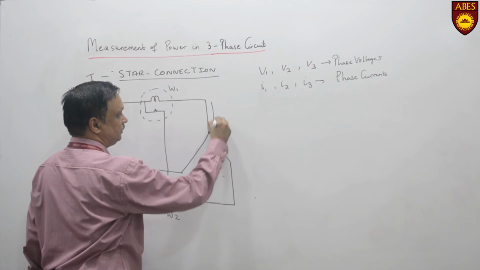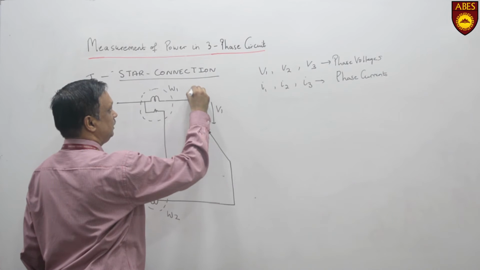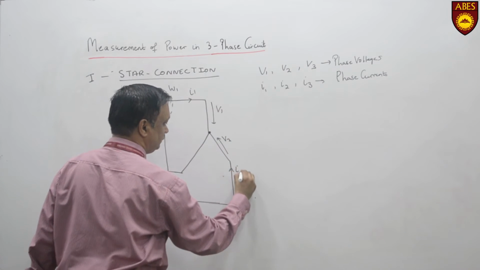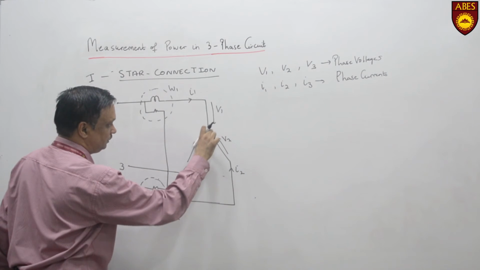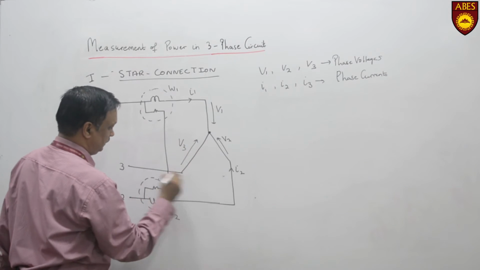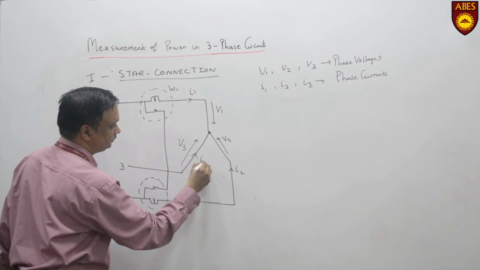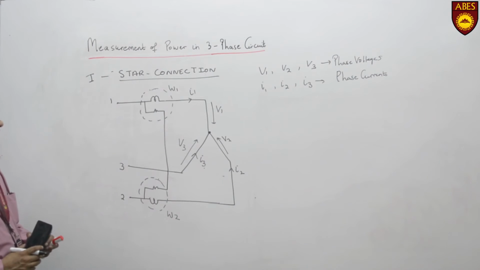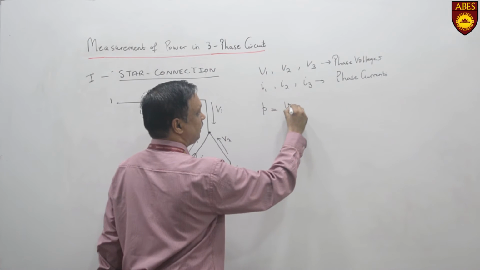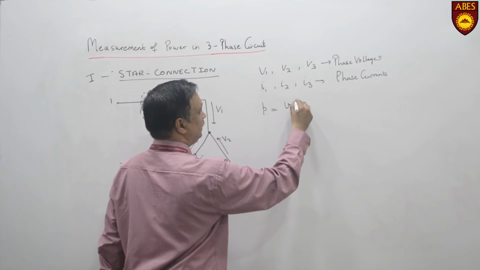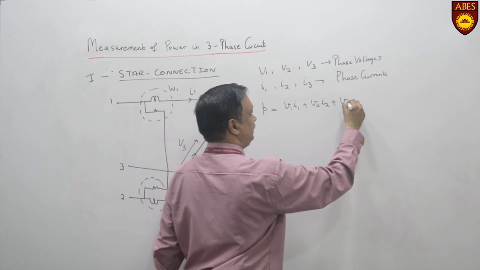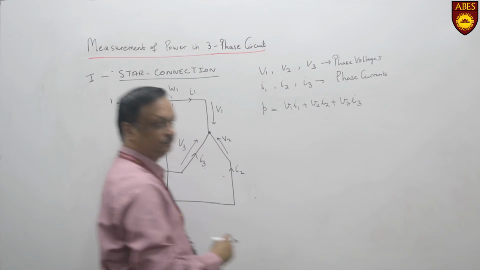So this is V1, this is I1, this is V2, this is I2, this is V3 and this is your I3. Now the total instantaneous power in the circuit is V1 I1 plus V2 I2 plus V3 I3.